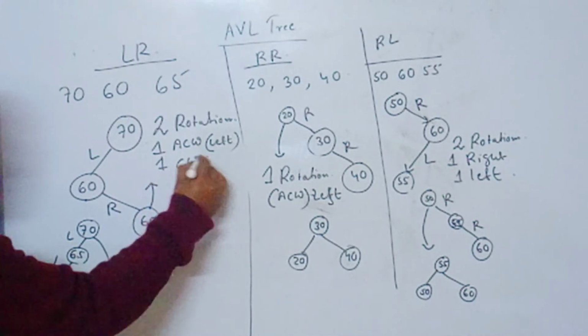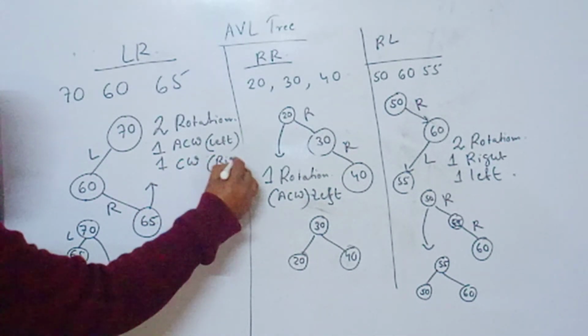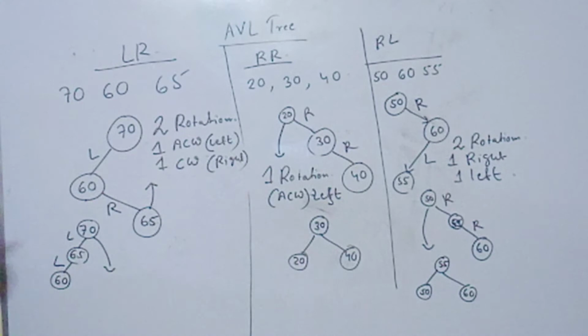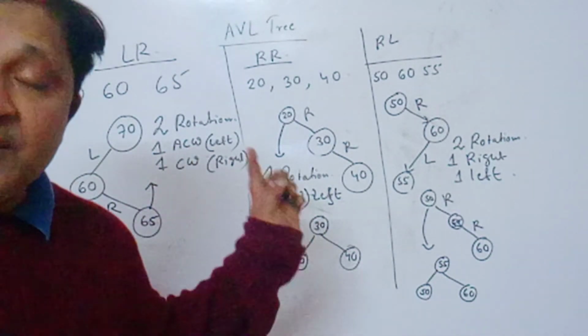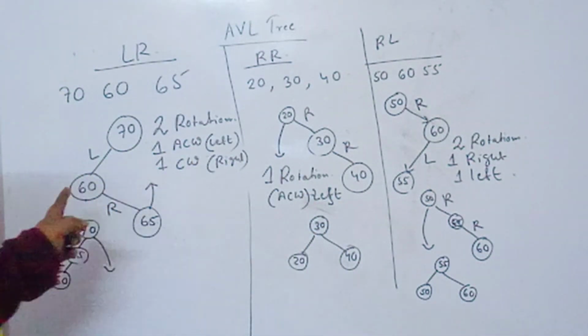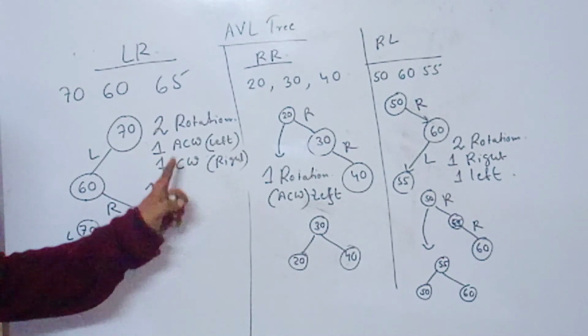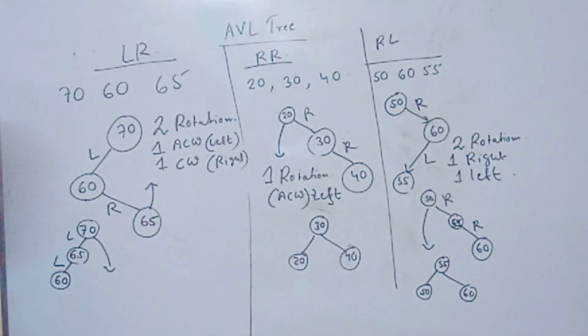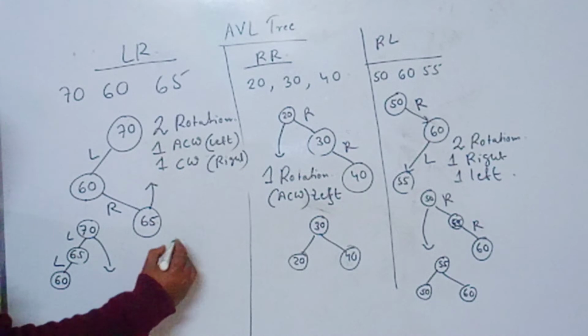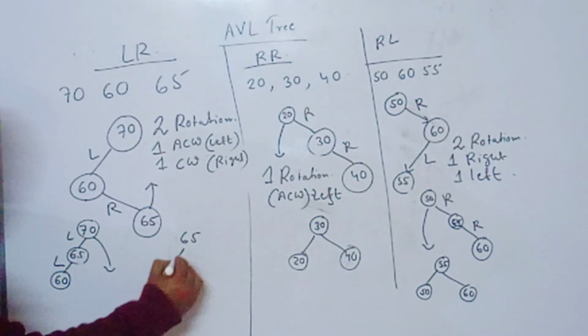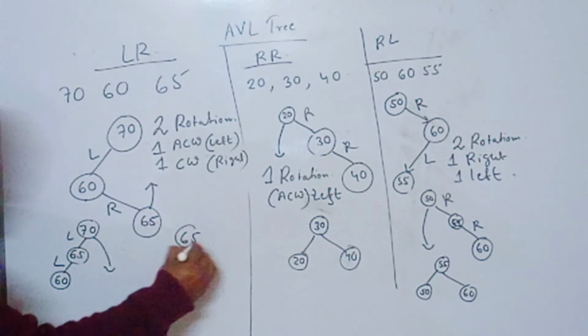One clockwise, that is right. So one left rotation followed by one right rotation, and that will be done. So 70 will come. So finally we have 65, 60 and 70.